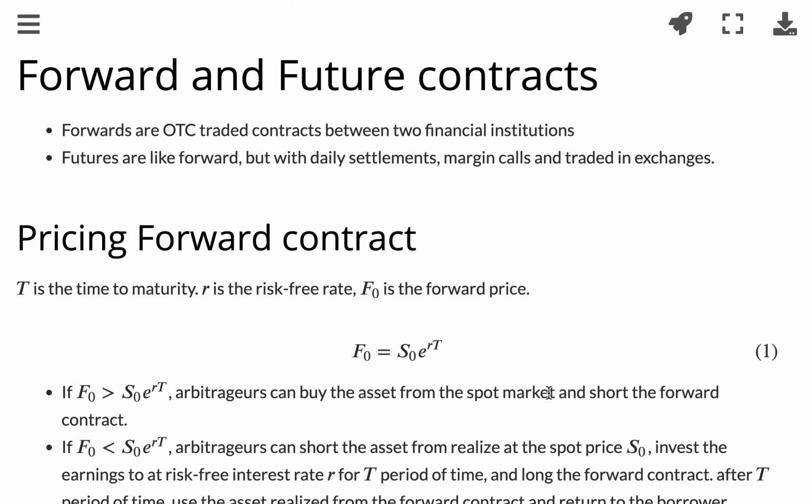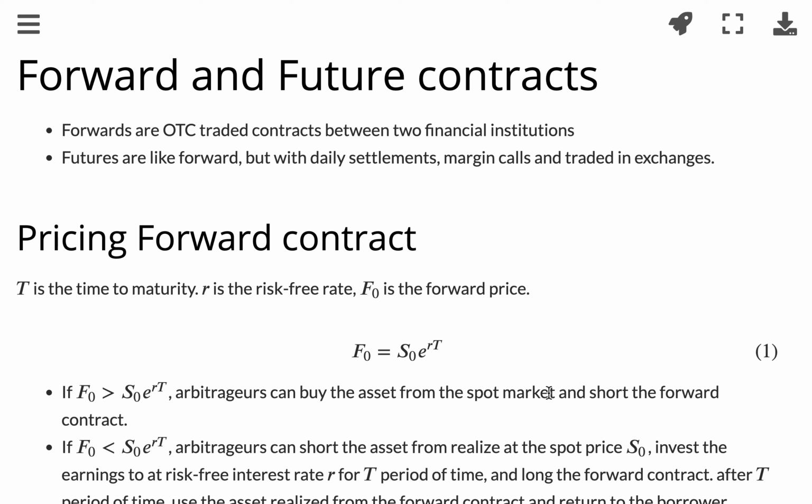That's forward contracts normally. They are usually traded outside of a central entity, in most cases partner by partner, institution by institution, and futures are similar to forward contracts.